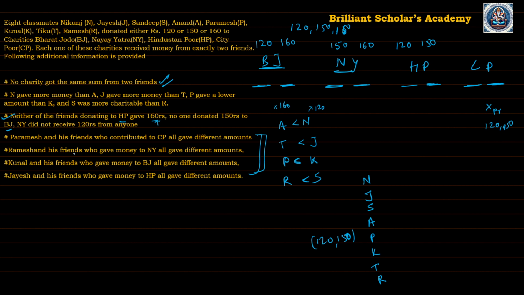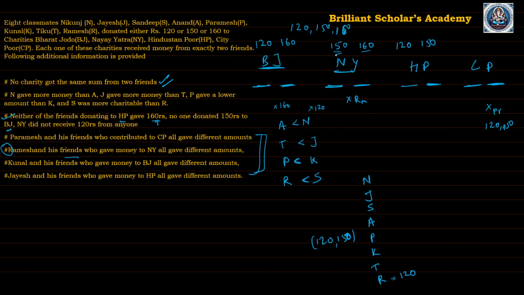Ramesh and his friends who gave money to Nyay Yatra gave different amounts. Ramesh is not going to give money to Nyaya Yatra. His friends are, and they will give different amounts. So do you see Nyaya Yatra is already getting 150, 160. That means Ramesh must be giving 120 rupees. Read that one more time. Ramesh and his friends who gave money to Nyaya Yatra gave different amounts.